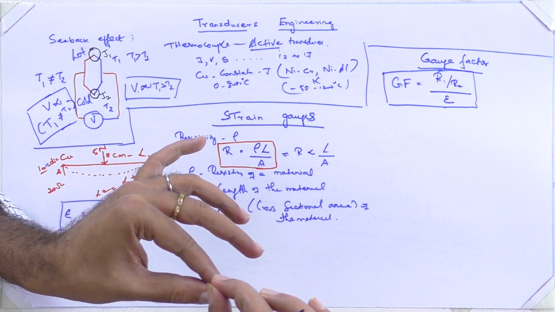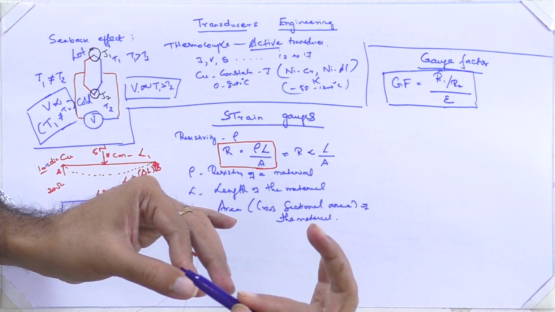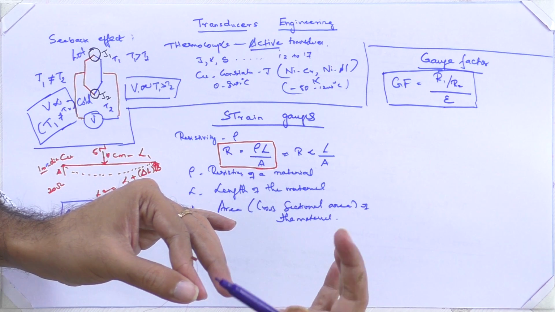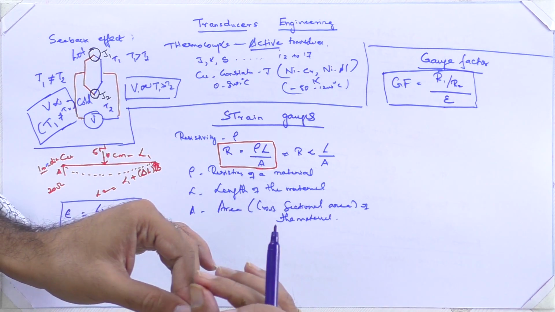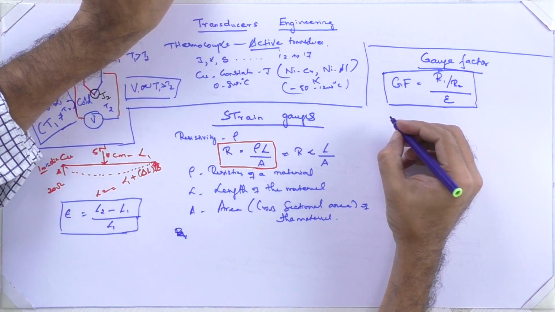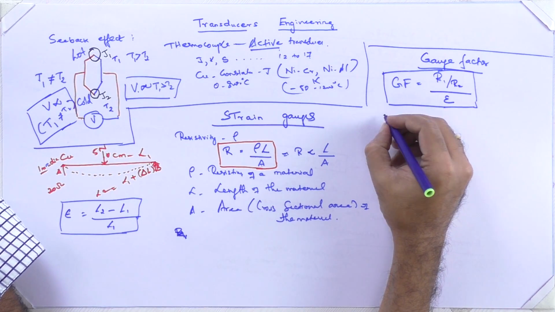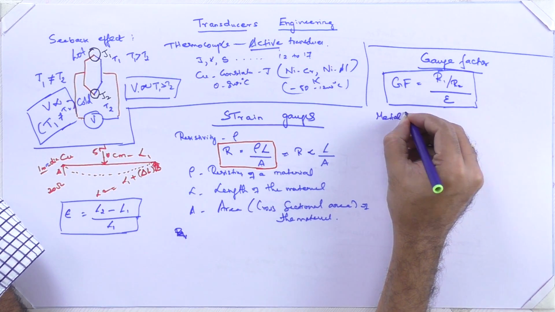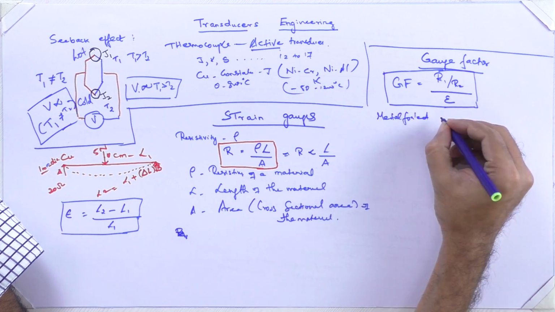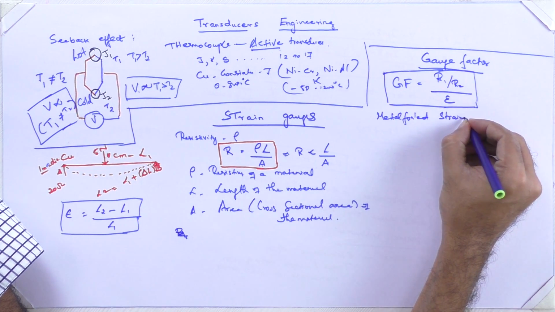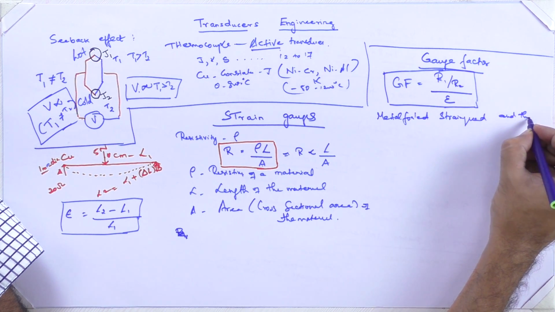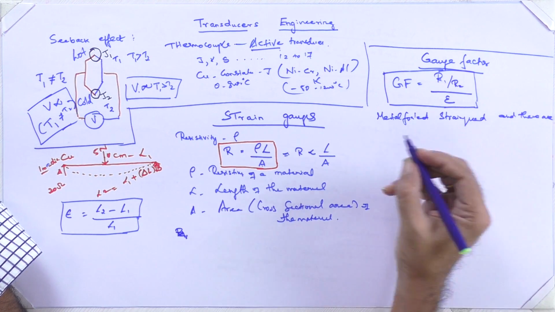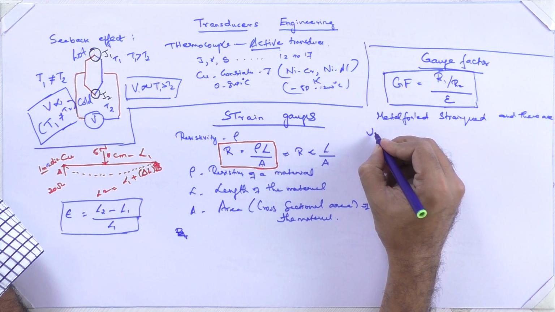This kind of strain gauge, which has metal embedded between two layers of polymer, is called a metal foil strain gauge.